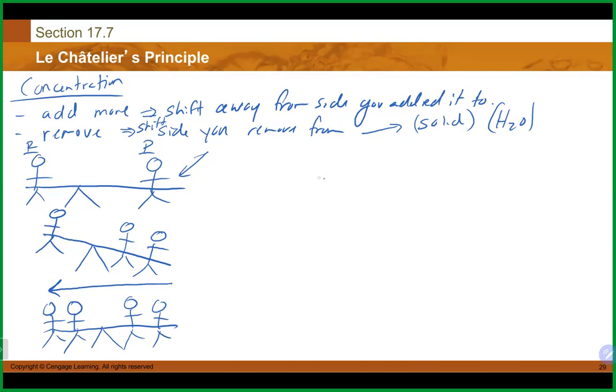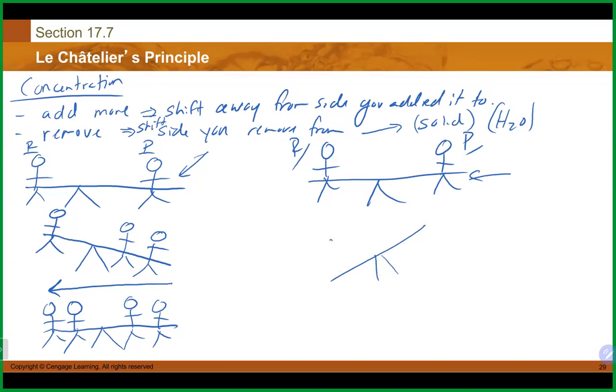And if we were to take something away, and again, this is our reactant side or product side, and this guy on this side decides I'm just going to hop off, no problem, just hop right off of that thing. This is going to happen. So in this case, we actually need to put more people to the side where it got hopped off, right?